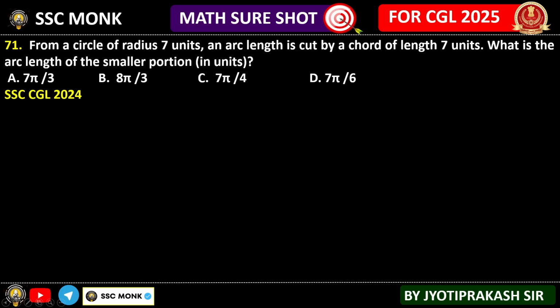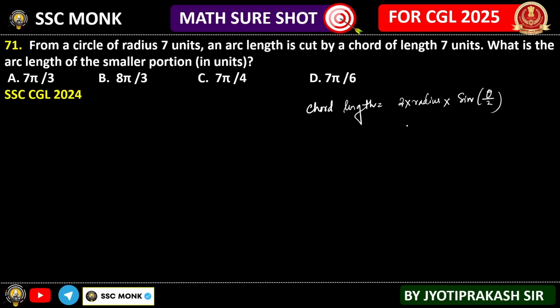Clear? Next, from a circle of radius 7 units, arc length is cut by a chord of length 7 units. What is the arc length of the smaller portion? Now remember this, chord length is equal to 2 into radius into sine theta by 2. Theta is what? The angle, central angle subtended by the chord.